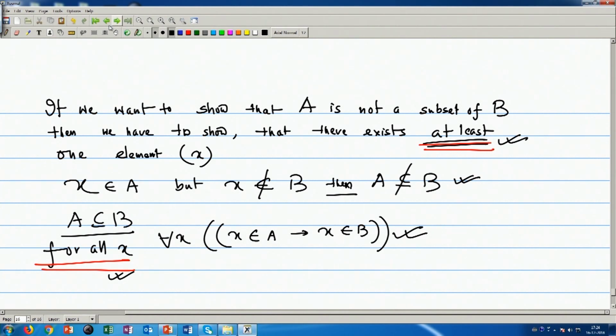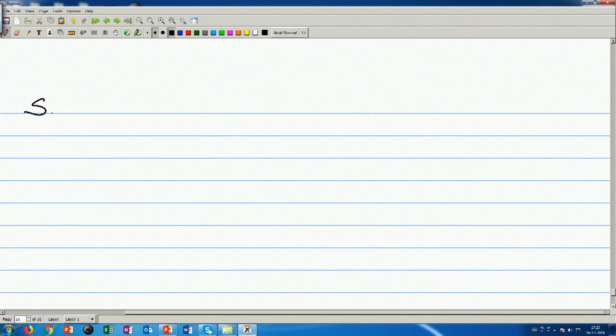Now, with this concept we can define set union.